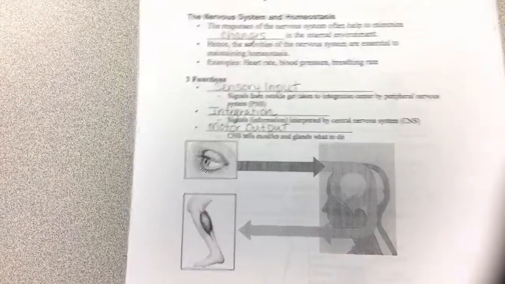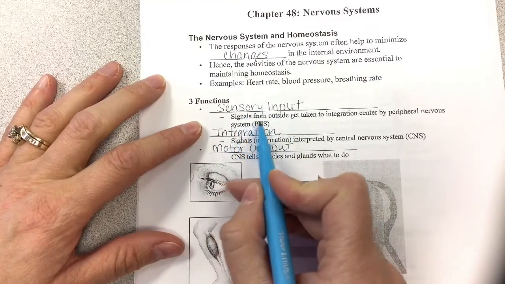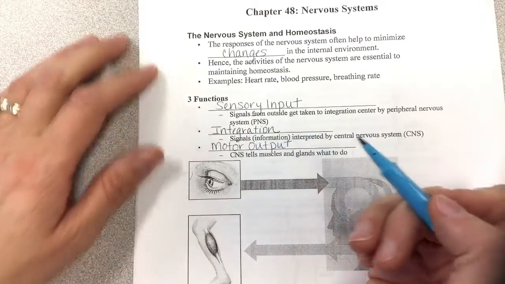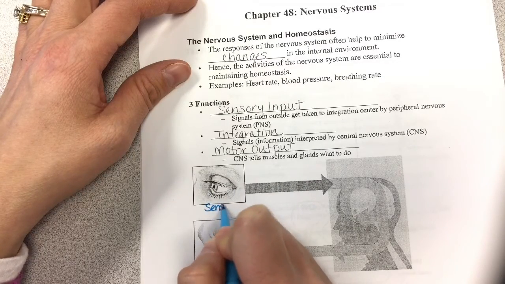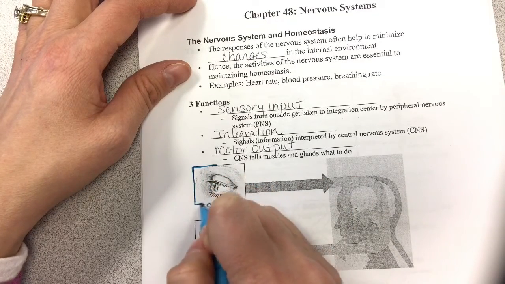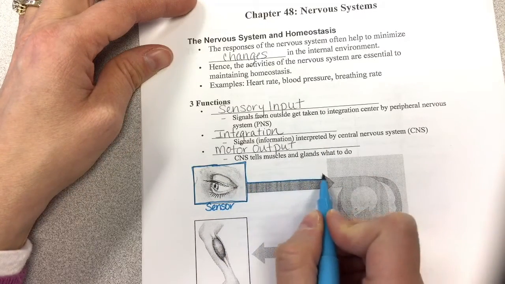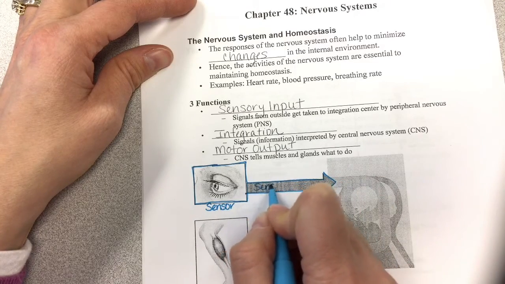So let's look at this picture here. We have here, let's do blue, your eye. So this is your sensory input, where signals from the outside get taken to the integration center by your peripheral nervous system. This is your eye, the sensor, and this arrow represents sensory input.